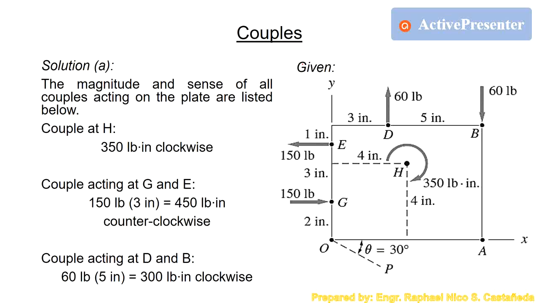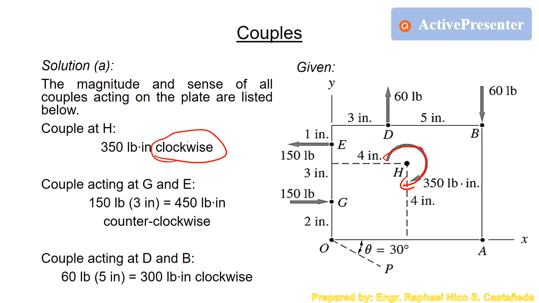So to make it easier, I presented a calculation that is presented individually for the three couples. Then we can see if its direction is clockwise or counterclockwise, then we can add them together based on the sign convention. For the couple at H, we have 350 pound-inch. Obviously, it is clockwise.